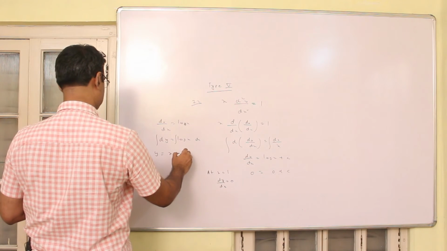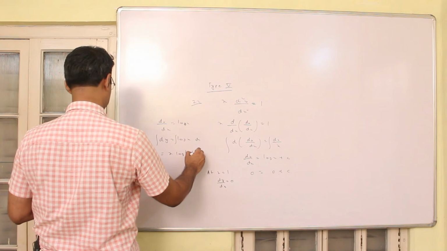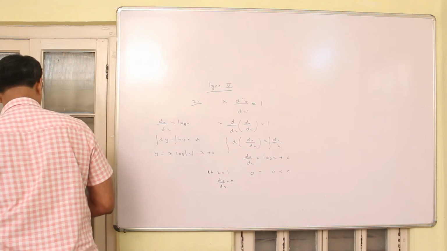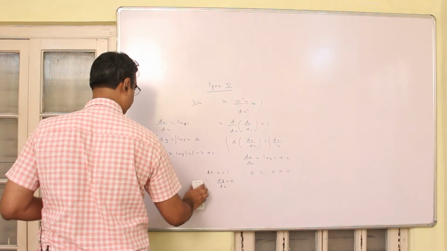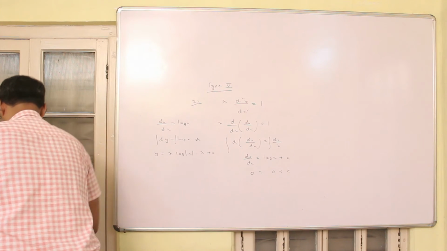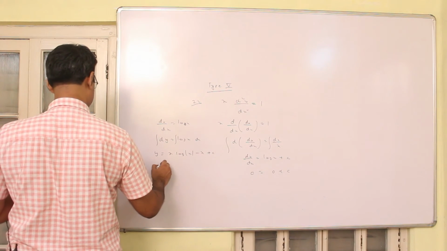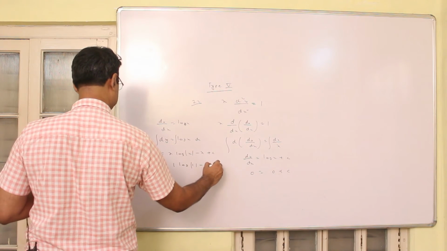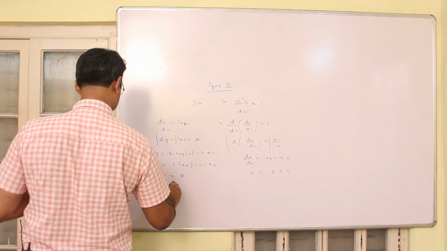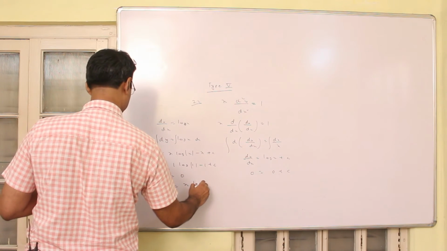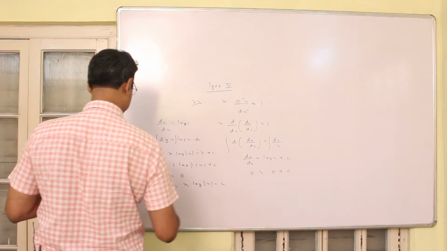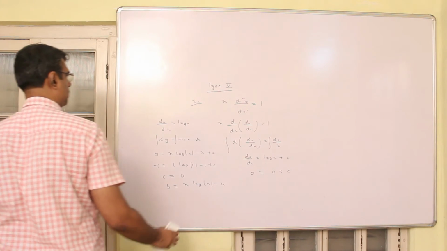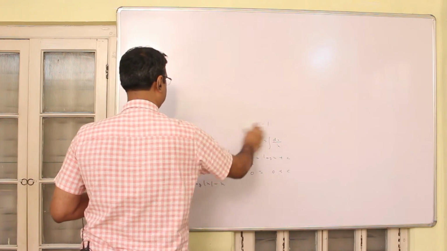So y is equal to x log mod x minus x plus c. Now it's given that y is minus 1 when x is 1. So c is coming 0. So finally, this is the solution, y is equal to x log mod x minus x. So this is how we do the sums of type 5.